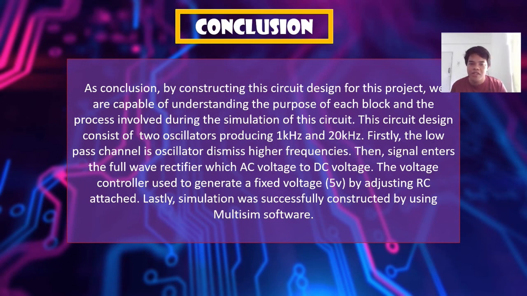Firstly, the low pass filter dismisses the higher frequency. Then the signal enters the full wave rectifier, which converts the AC voltage to DC voltage. And lastly, the voltage regulator is used to generate a fixed voltage of 5 volt by adjusting the RC attached. Lastly, the simulation was successfully constructed using Multisim software.